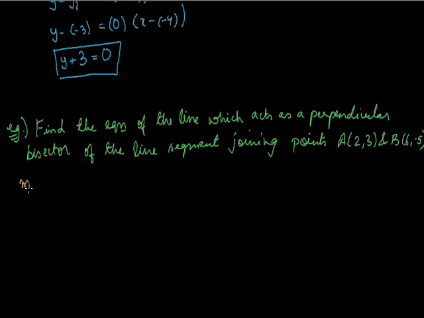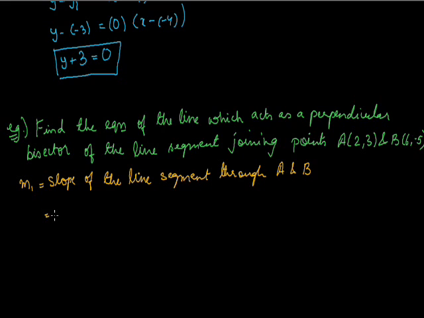Let m1 be the slope of the line segment through points A and B, and that would be equal to, I have the formula y2 minus y1 upon x2 minus x1 to calculate the slope of the line.